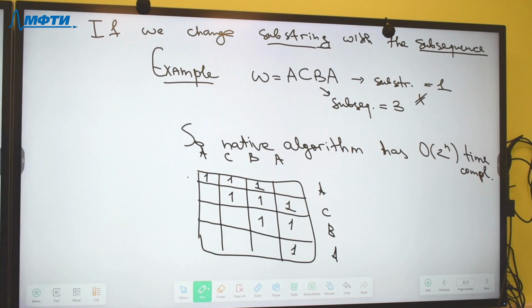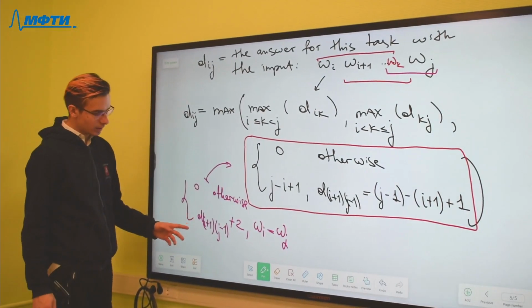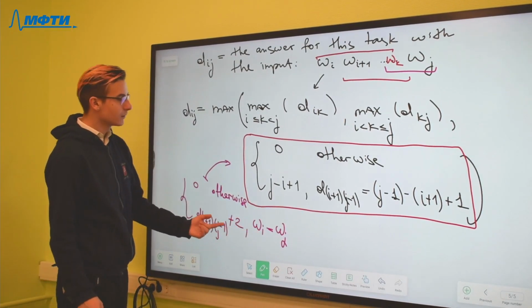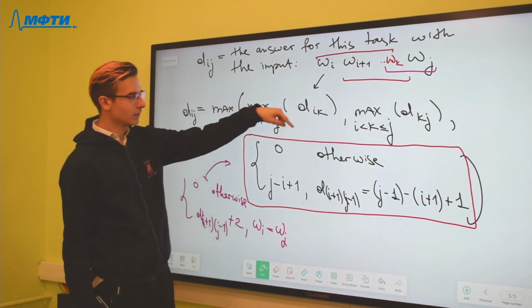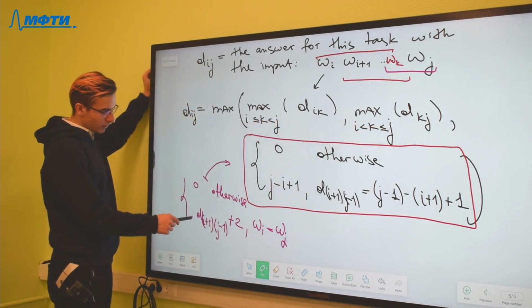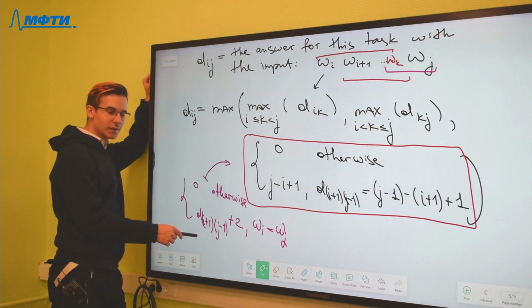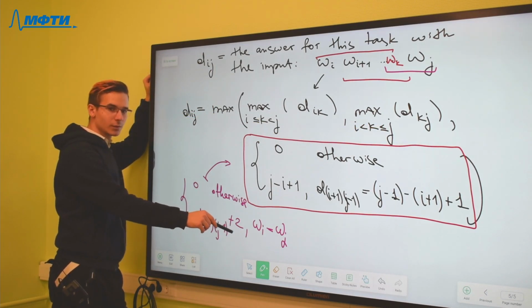And then if I compare the last character with the initial character, they're equal. So as we changed here, if they're equal, I add to this maximum, this answer for the subtask, plus 2.